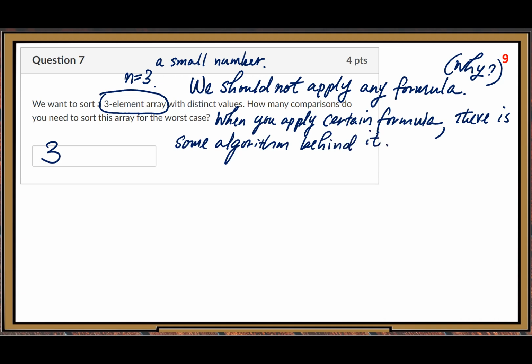Okay, talking about some algorithms: selection sort, bubble sort, and some other sorts.